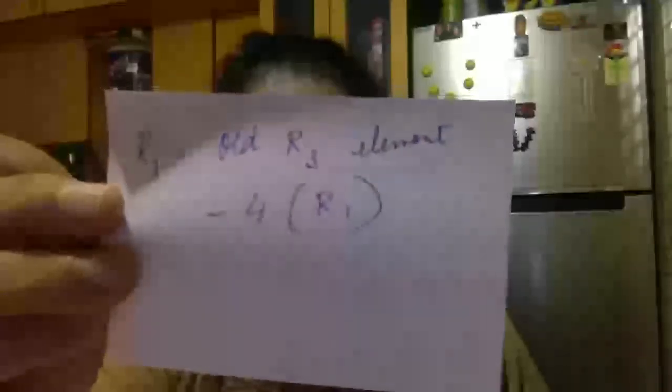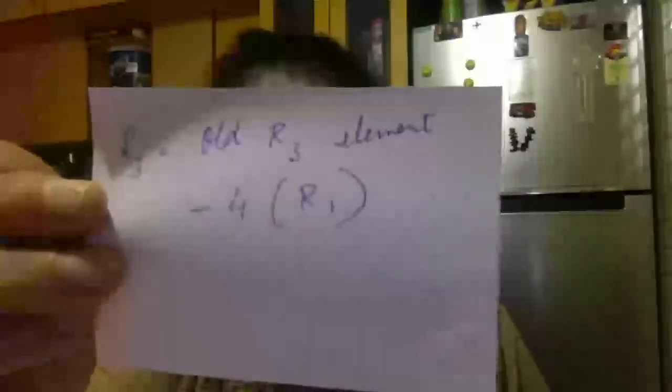So I will show you again. 1 minute. 6, 10, 4, 2, 0, 0. Good Shilpi. R2 is this one. And R3 is, remember it is 4 into R1, not R2.